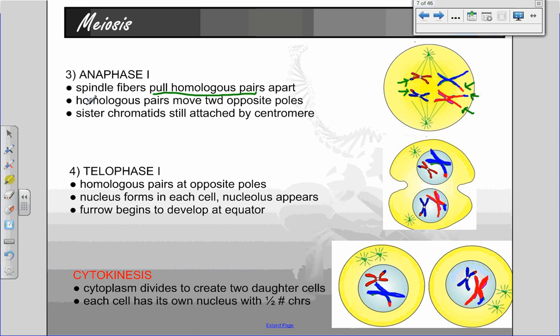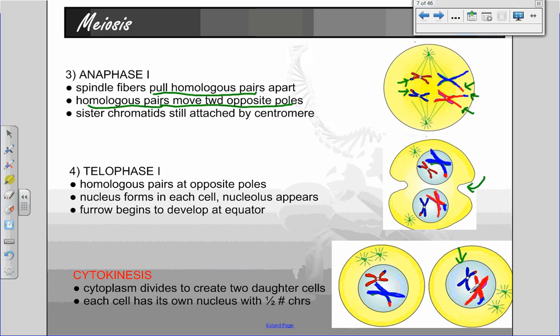So during anaphase, the homologous pairs are going to move to the opposite poles. The sister chromatids are still attached to each other. Okay, so when we reach the end of telophase and cytokinesis, where the cell pinches inward, forming a furrow, and eventually the cells divide completely, the nucleus has reformed.